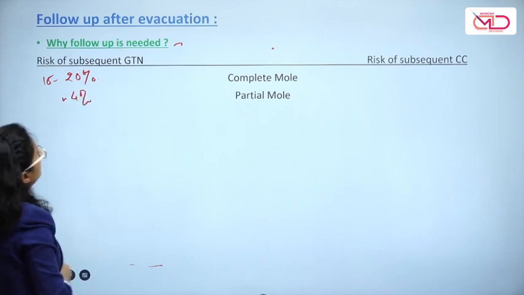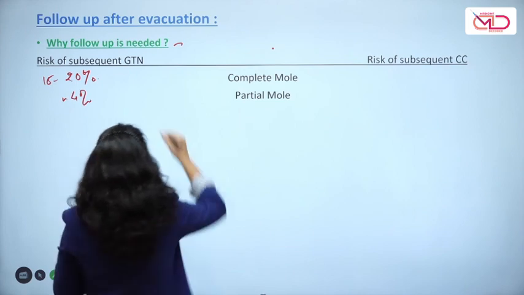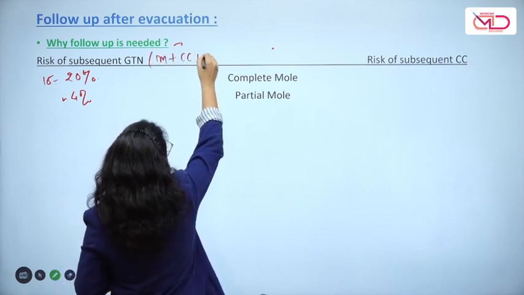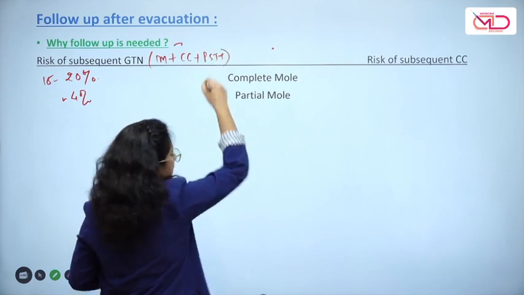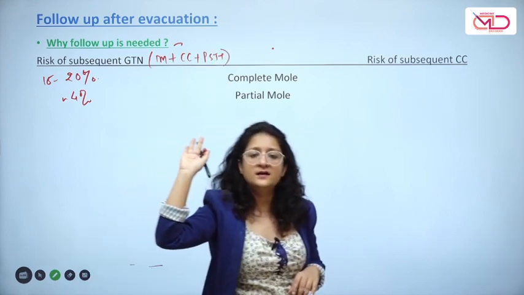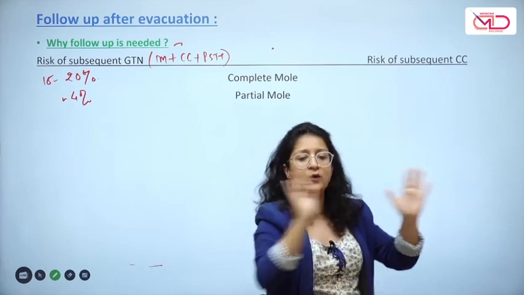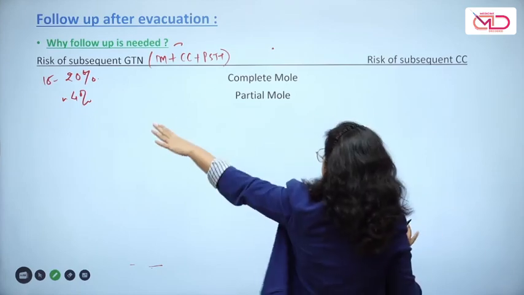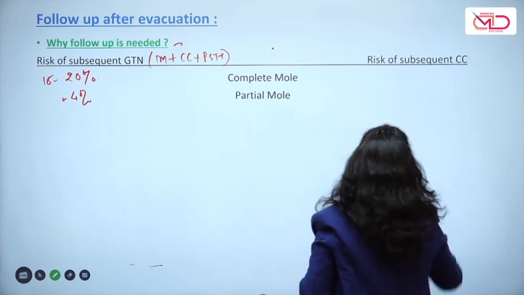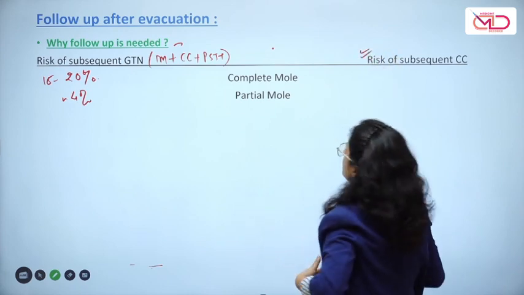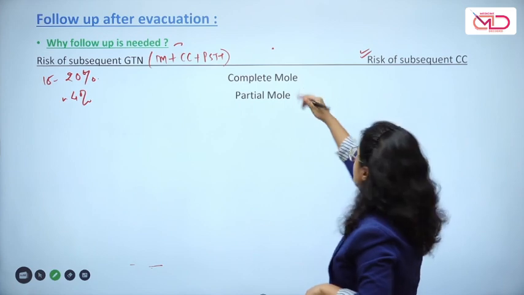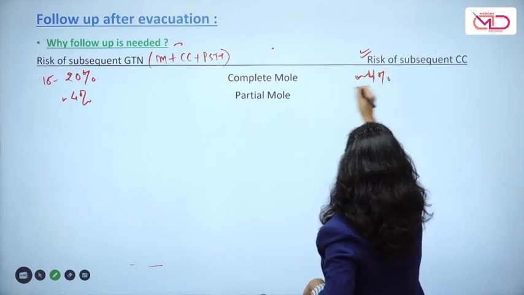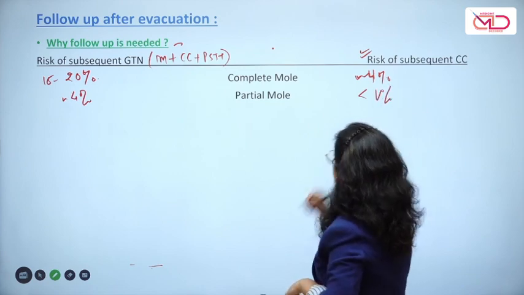When you say GTN, it includes invasive mole, choriocarcinoma, placental site trophoblastic tumor, epithelioid trophoblastic tumor, all of those things. So the overall risk of GTN is 15 to 20%. But the risk of subsequent choriocarcinoma, particularly with a complete mole, is about 4%, and with partial mole is less than 1%.